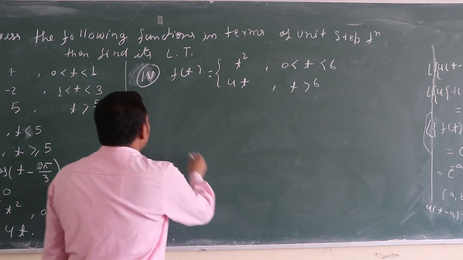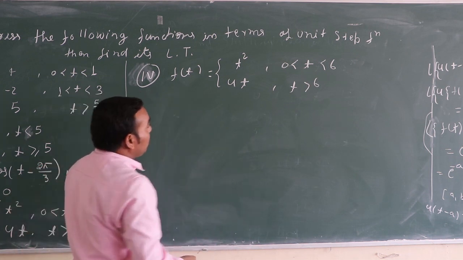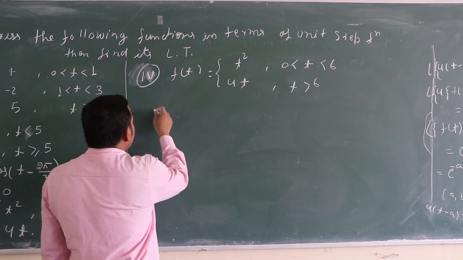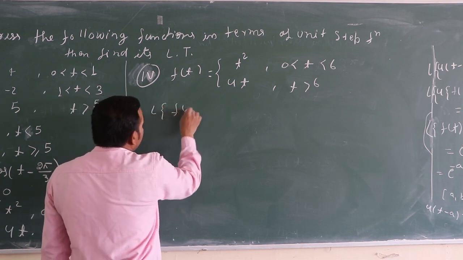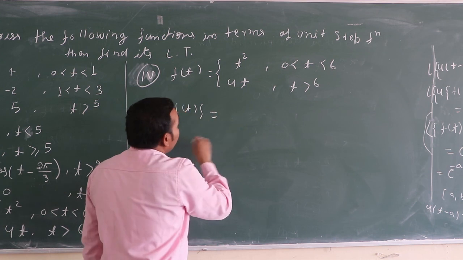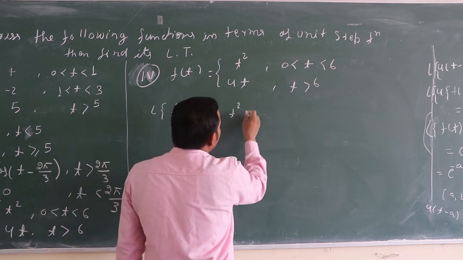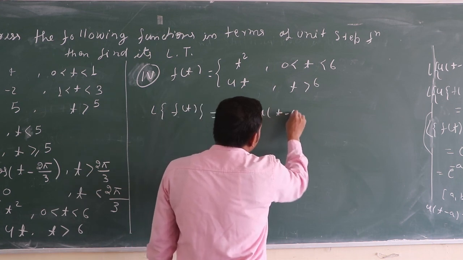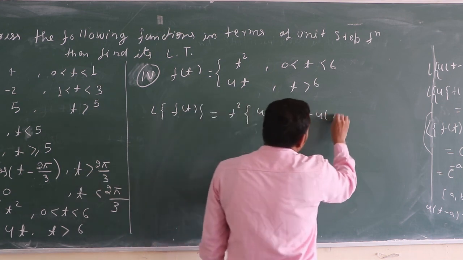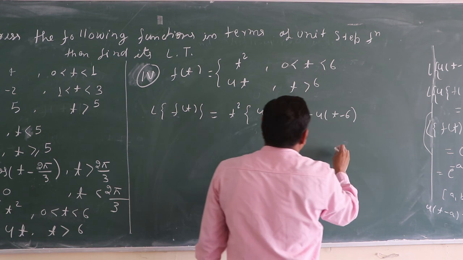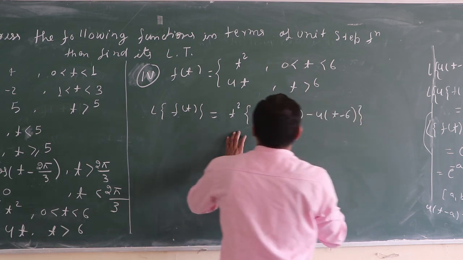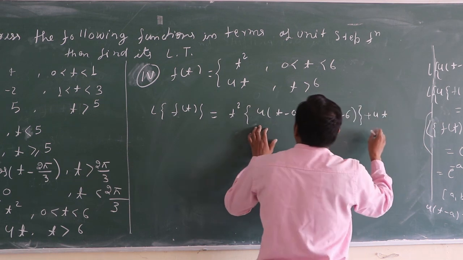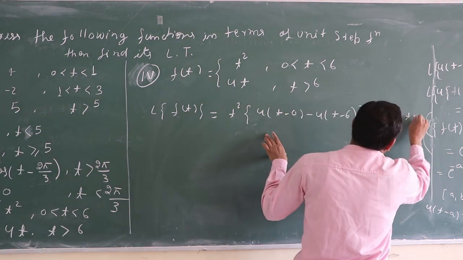So here we can write it in terms of the unit step function: f(t) equal to t square [u(t minus 0) minus u(t minus 6)] plus 4t u(t minus 6).